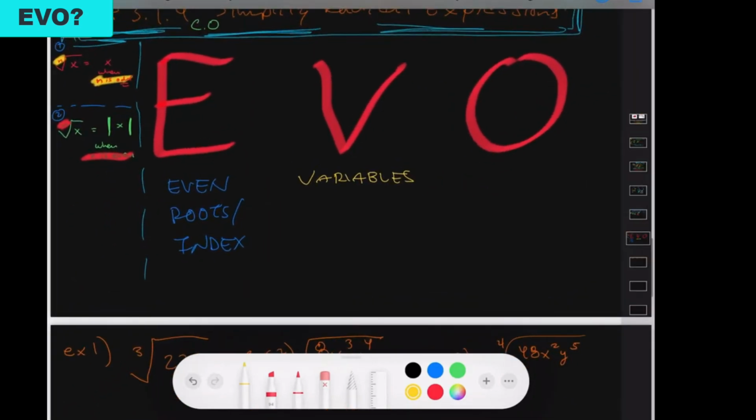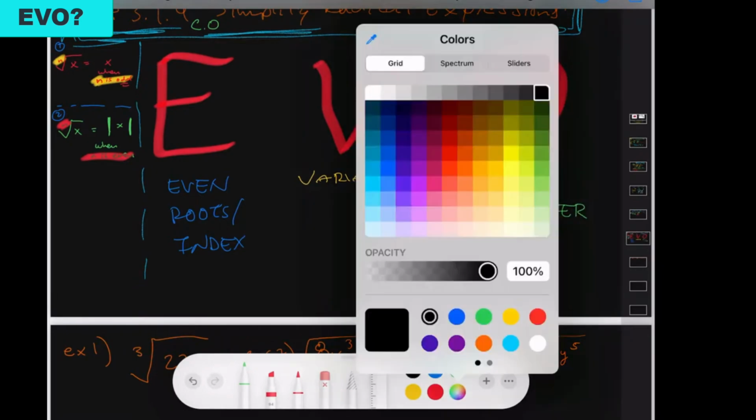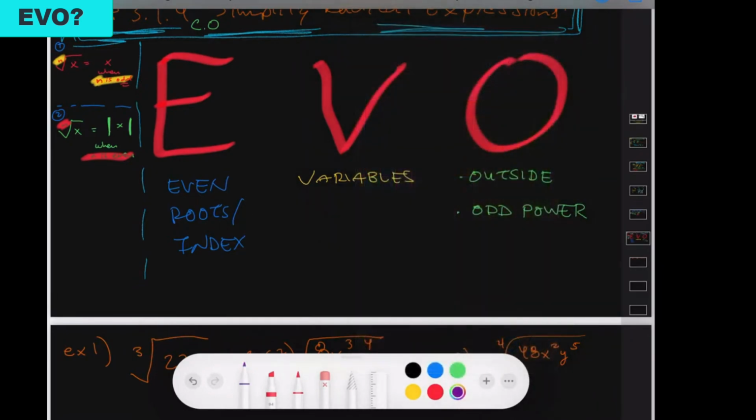And then the O represents when you go on the outside of the radical sign and it is an odd power. So again, EVO stands for even roots or index, V for variables, and O represents outside and an odd power.